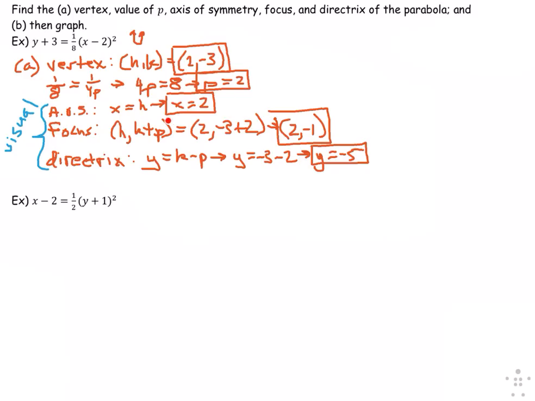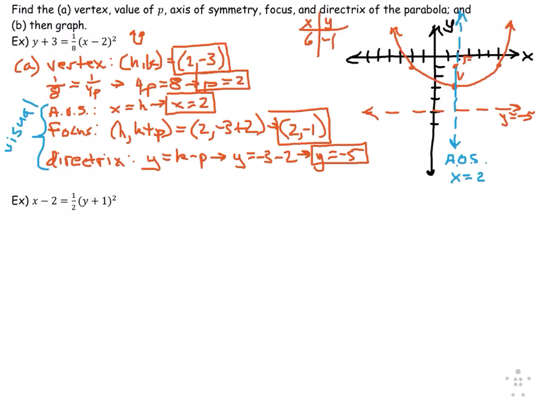So that is going to be changing the vertical part of the vertex by adding 2 to the y-coordinate and getting (2, -1) for the focus's coordinate. Now the directrix is going to be below, so then I need to take that p-value of 2 from the k-coordinate of the vertex and subtract it. So then I have a horizontal line of y equals -5, and now we could use this information to graph.